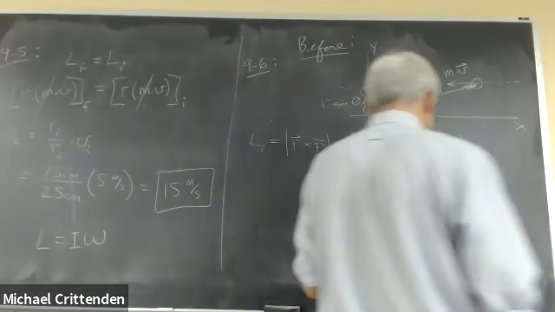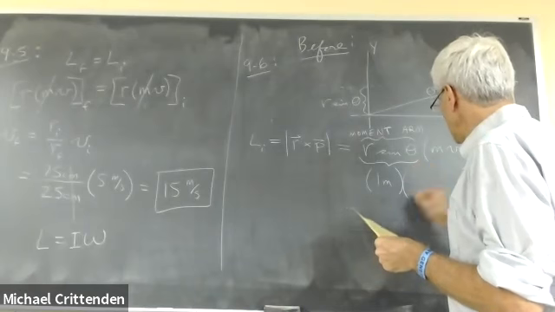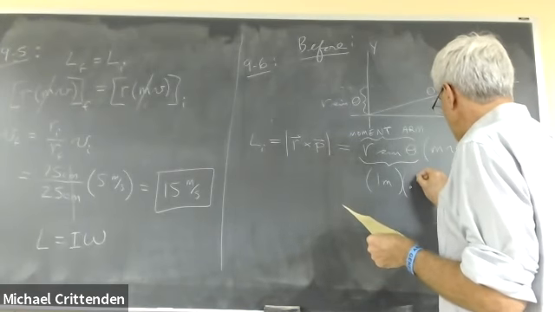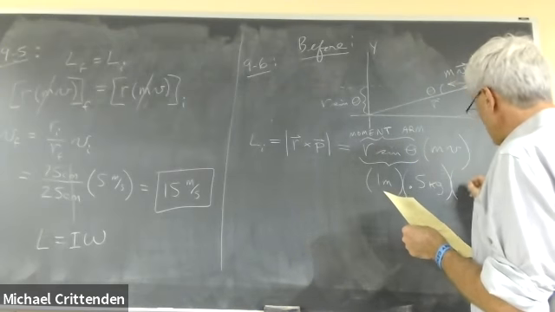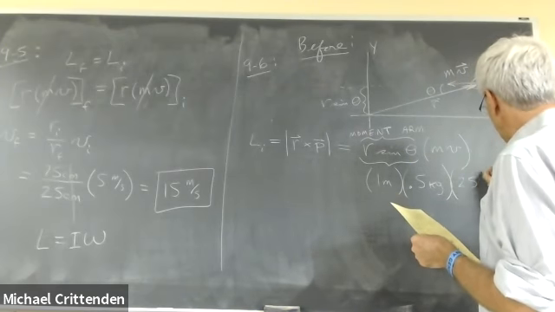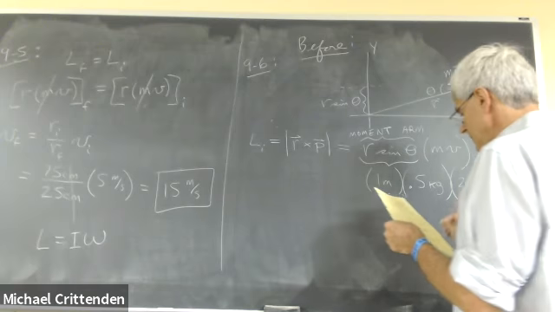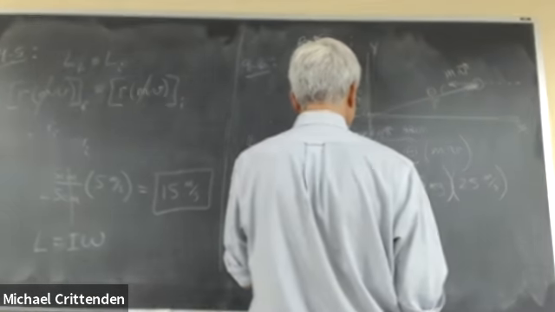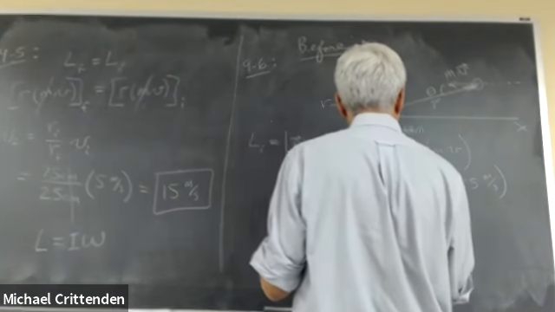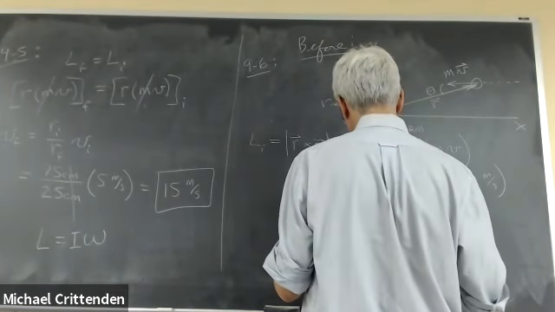Filling in numbers for m and v. M is half a kilogram. Velocity, 25 meters per second. So 12.5.